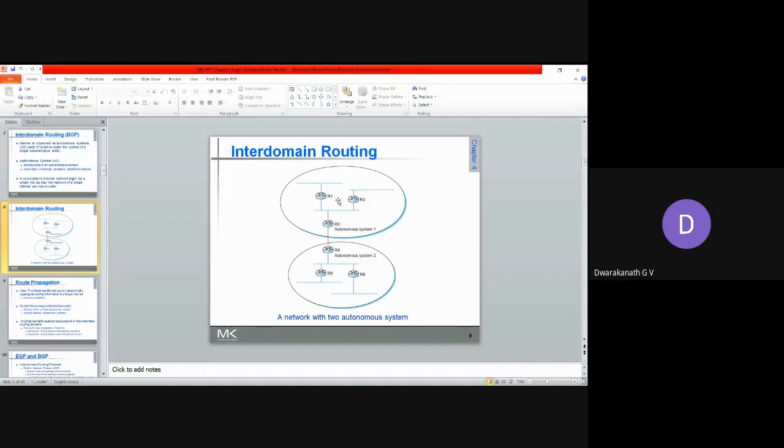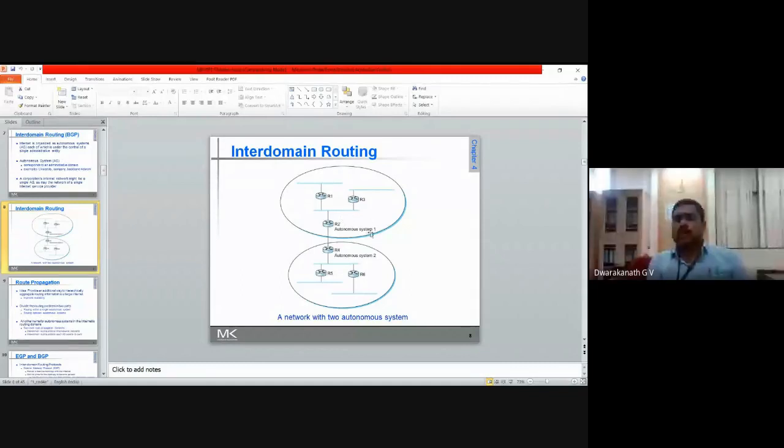Now BMS IT in Halanka, BMSC in Basavanagudi, law college, degree college, like that different institutions are at different places. Each place we'll consider as autonomous system 1, autonomous system 2, and so on.